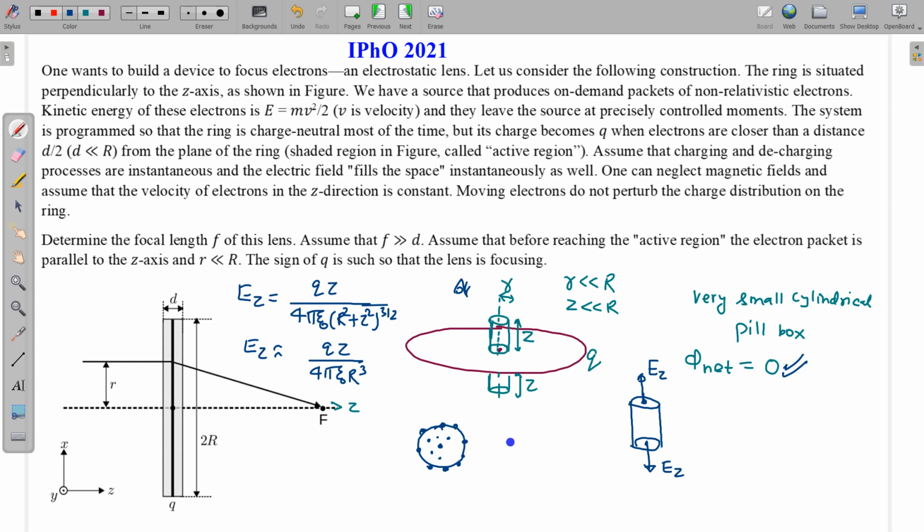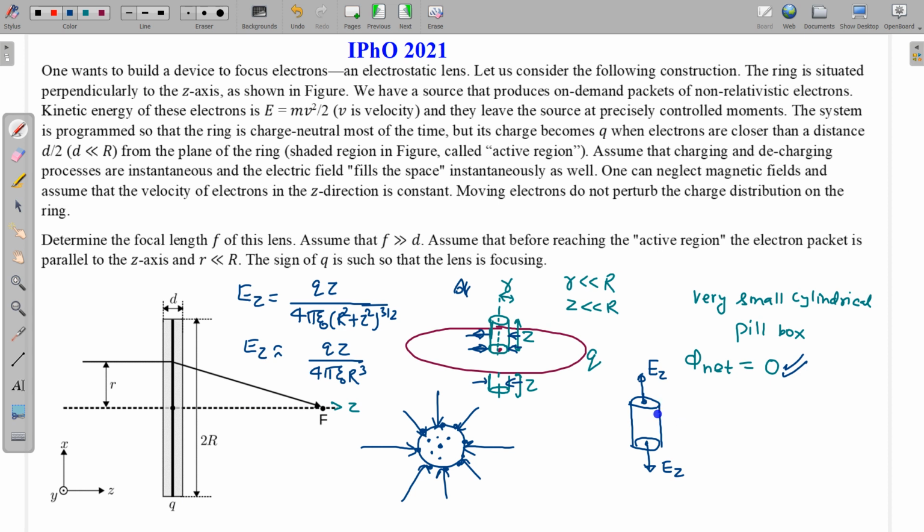If it is radially outward, then it is leaving flux, and there will be net leaving flux, so it should be entering flux. So flux must enter. So these are the electric fields at the curved surface. In the diagram, these electric fields are like this. These are entering flux.